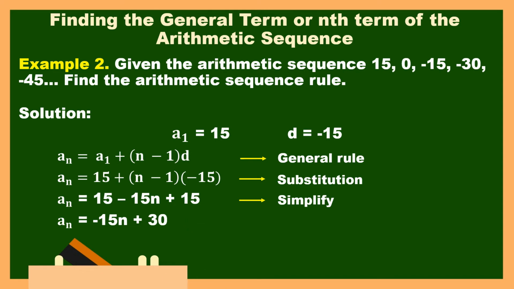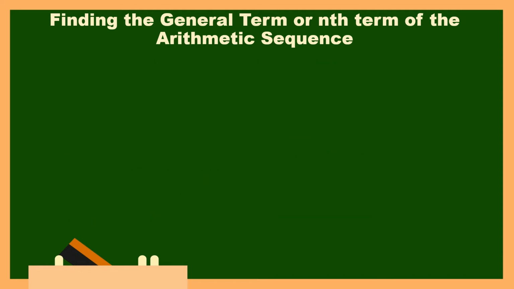Gin-add lang po. So, ngayon, ang ating arithmetic sequence rule ng ating given arithmetic sequence ay a sub n equals negative 15n plus 30. At para ma-check kung tama ang ating na-generate na arithmetic sequence rule, gamitin natin ito para hanapin ang value ng ating first term, second term, at third term.